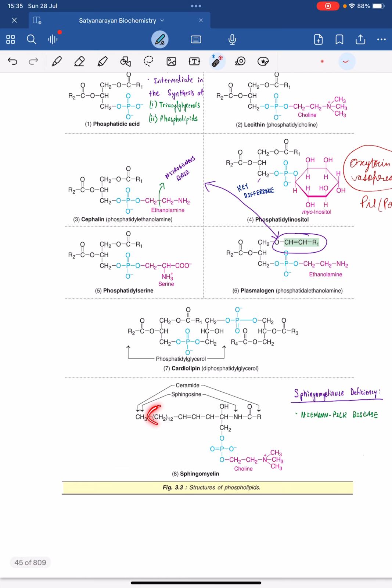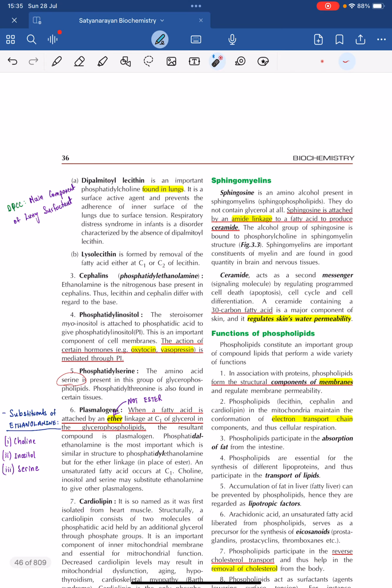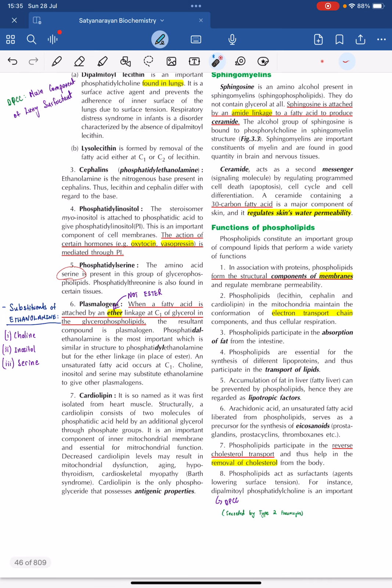Ceramide was this sphingosine plus fatty acid. It acts as a secondary messenger by regulating programmed cell death or apoptosis, cell cycle and cell differentiation. A ceramide containing 30 carbon fatty acid is a major component of skin, and it regulates skin's water permeability.